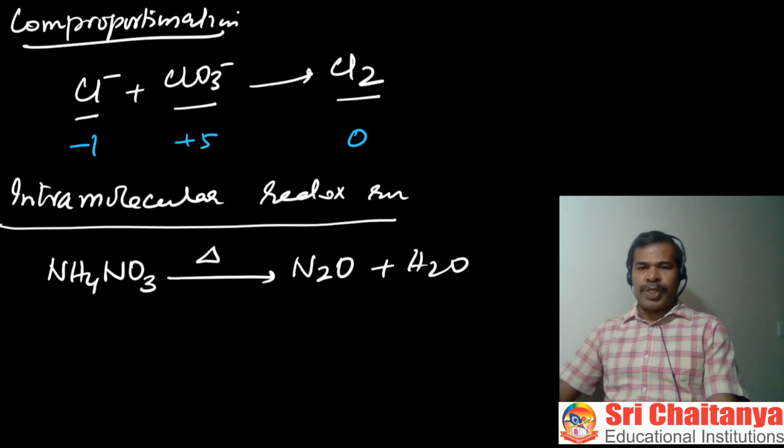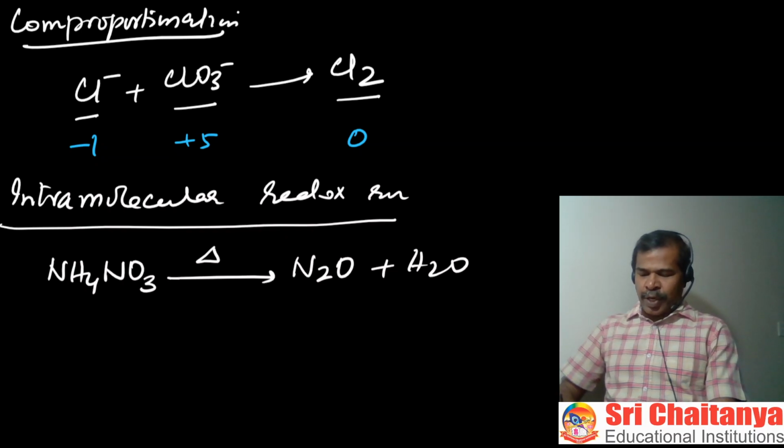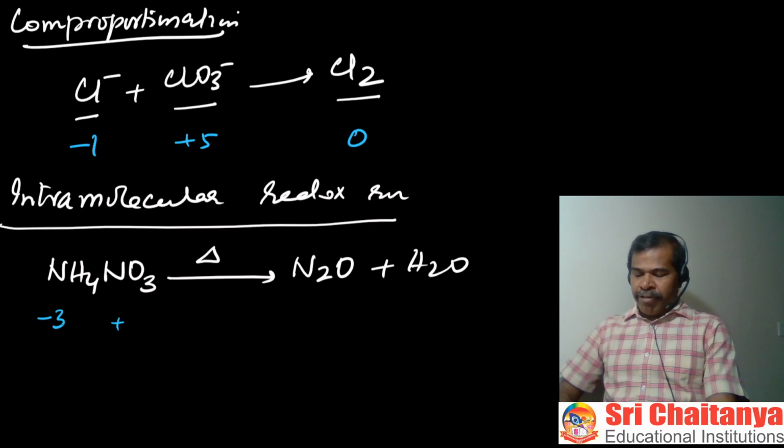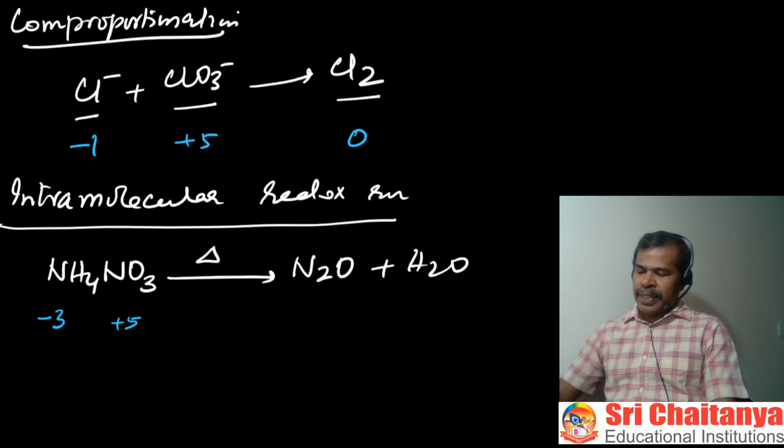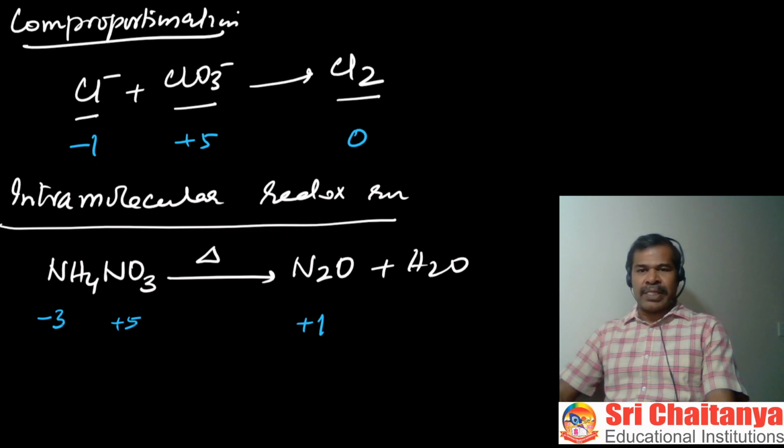N2O and H2O. Now see, I already talked about the oxidation states of nitrogen in ammonium nitrate. So ammonium nitrogen is in -3 state and nitrate nitrogen is in +5 oxidation state, and they are getting together to form a compound in which nitrogen is in +1 oxidation state, that is 2x minus 2 is 0, so it is +1 oxidation state.